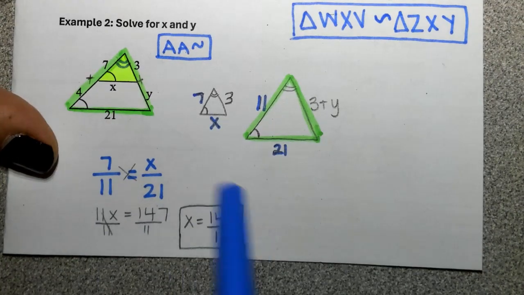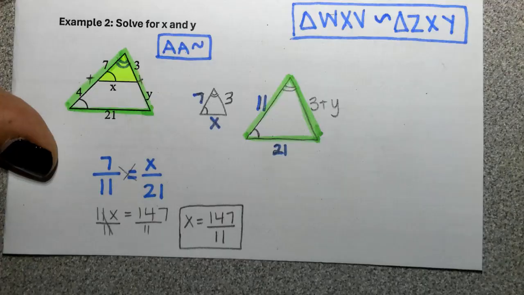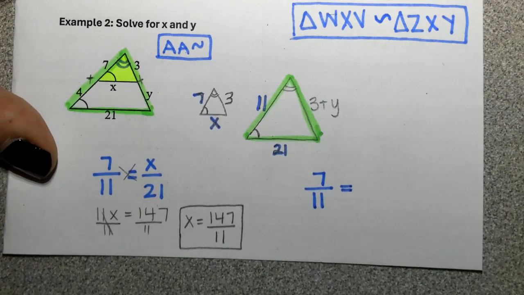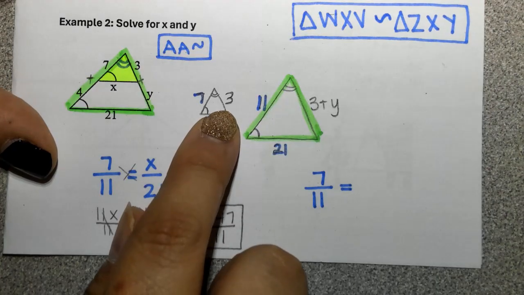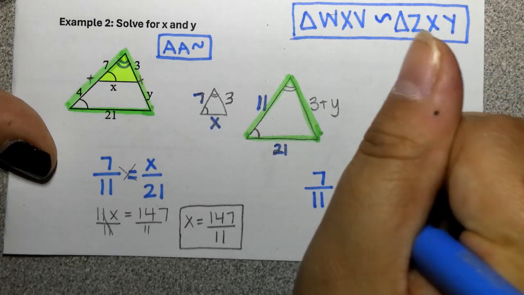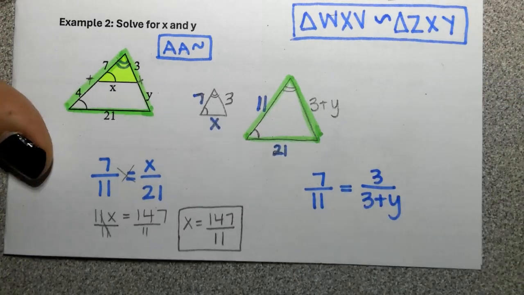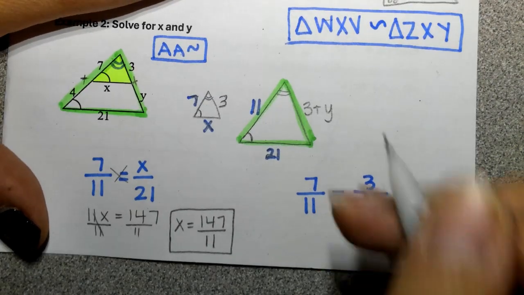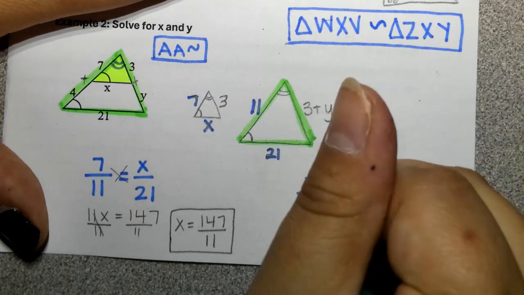I'm going to do the same thing. Still going to do 7 over 11, but this time, what goes with y? 3 over 3 plus y. And what am I going to do? Cross multiply.